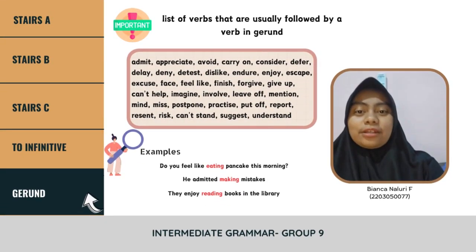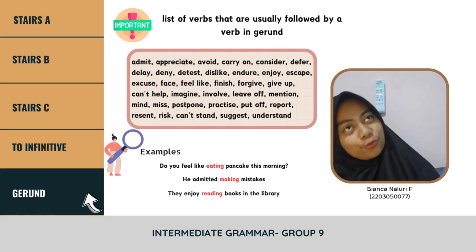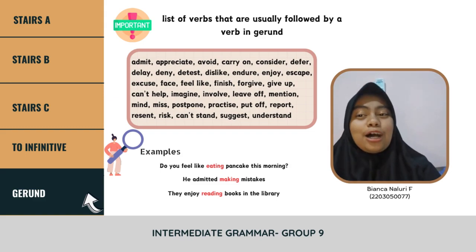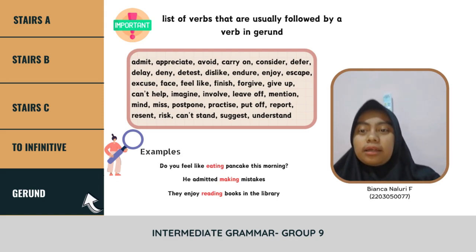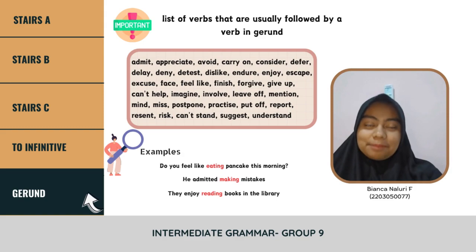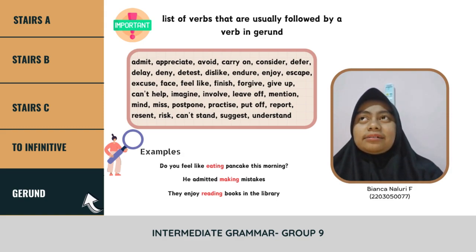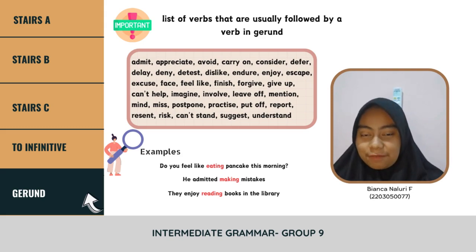Alright, after you already understand about gerund, how to form the gerund, how to use it, and how to differentiate between gerund and present participle, you must know the list of verbs that are usually followed by a gerund, because you must differentiate between gerund and to-infinitive.